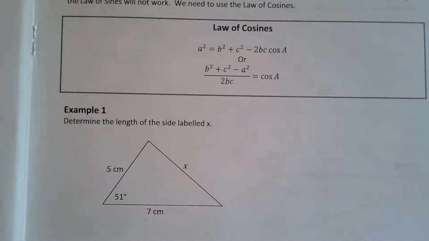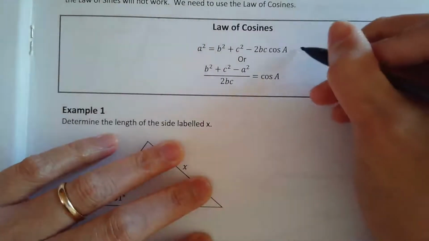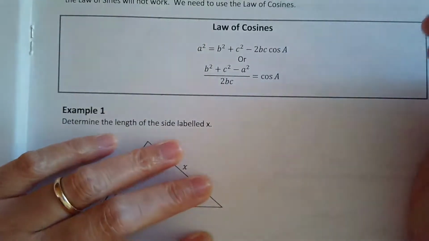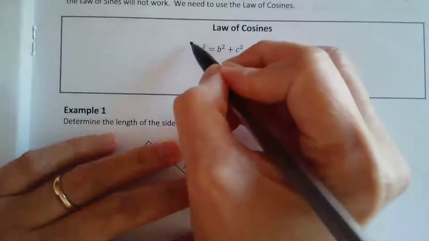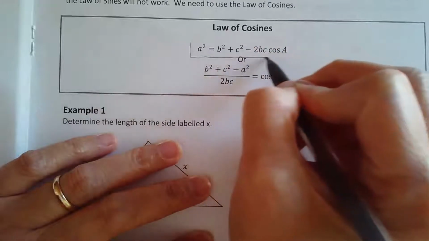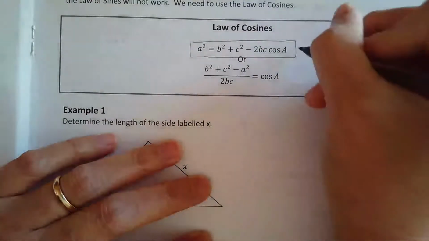Now, let's take a look at the two. It looks like there are two formulas, but actually they're the same formula, just rearranged. For our purpose today, because we're calculating for the side, we're going to focus on this top formula.